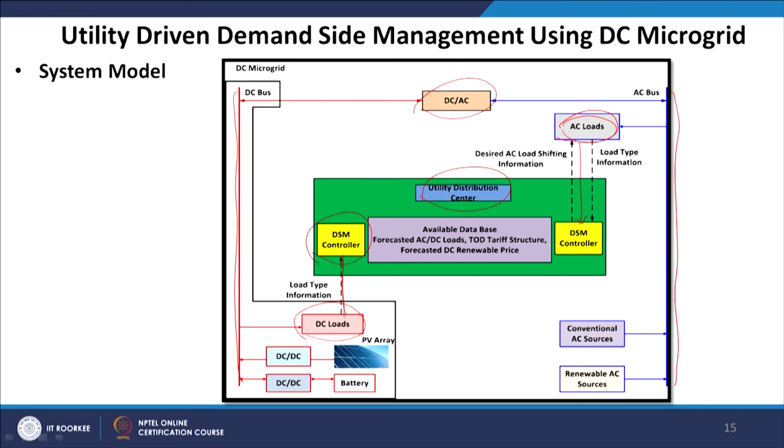And the controller command to my devices will be based on the market price as well as the time of the day price being used as a tool to control the load shifting, so that the overall electricity bill for the consumers can be minimized and the peak requirement of the utility can also be reduced.